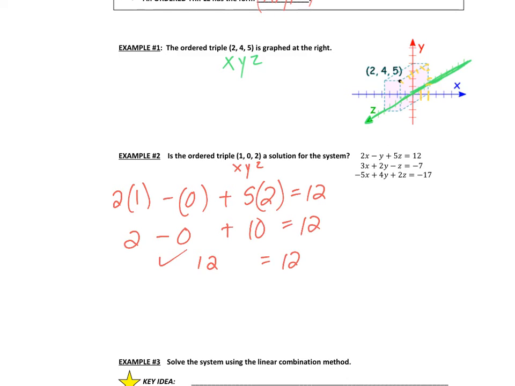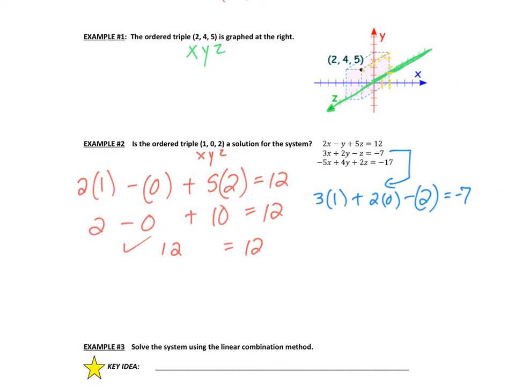Now you got to check the second one. So check the second equation. We'll do 3 times 1 plus 2 times 0 minus 2 equals negative 7. So we took that second equation and plugged in x, y, and z.